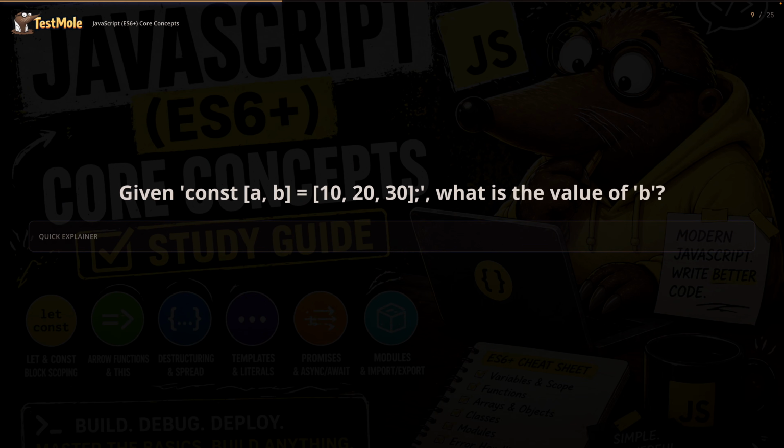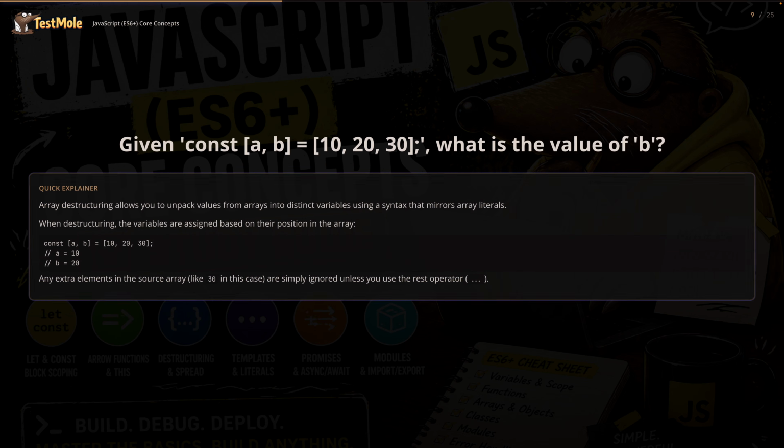Given const [a, b] = [10, 20, 30], what is the value of b? Array destructuring allows you to unpack values from arrays into distinct variables using a syntax that mirrors array literals. When destructuring, the variables are assigned based on their position in the array.